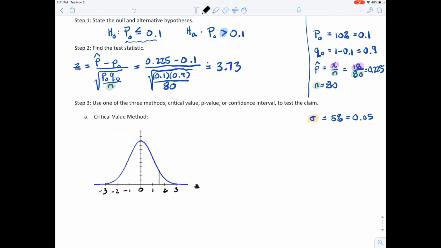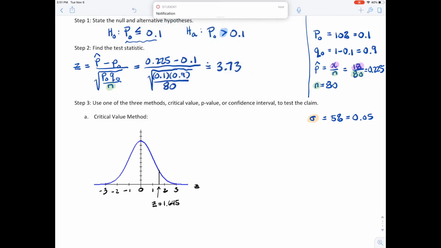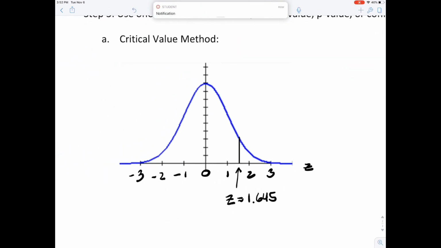Okay, so far? Awesome. So the rejection region, if you will, is this region here. So when we use the critical value method, we will see where our test statistic falls. If our test statistic falls in the rejection region, we will reject the null hypothesis.